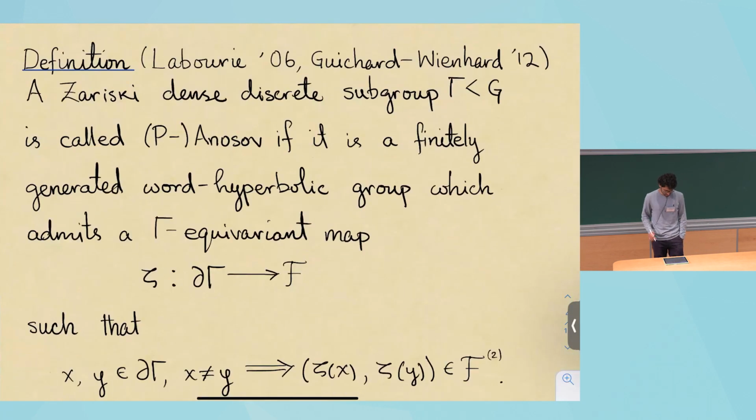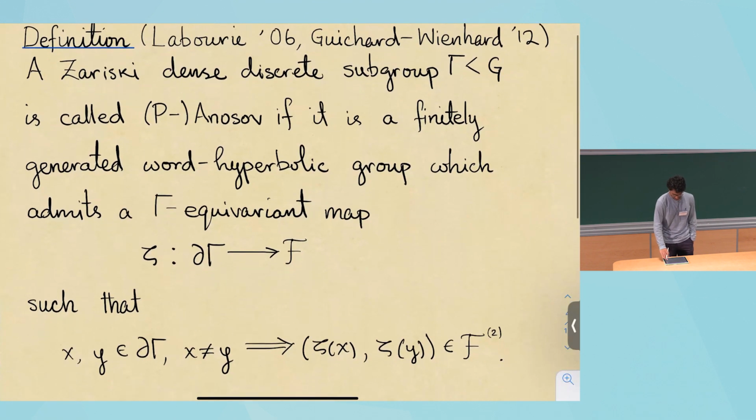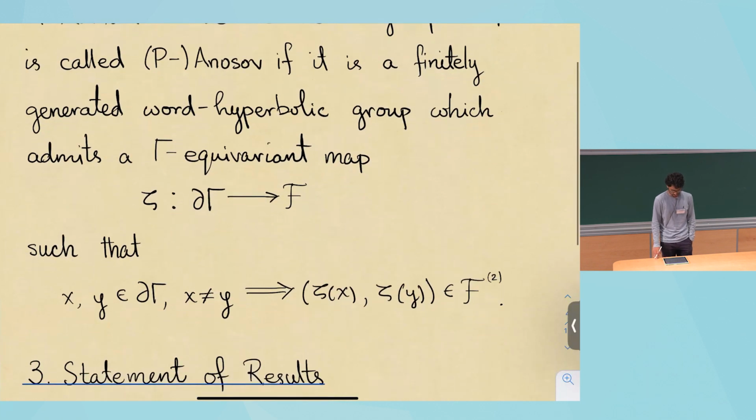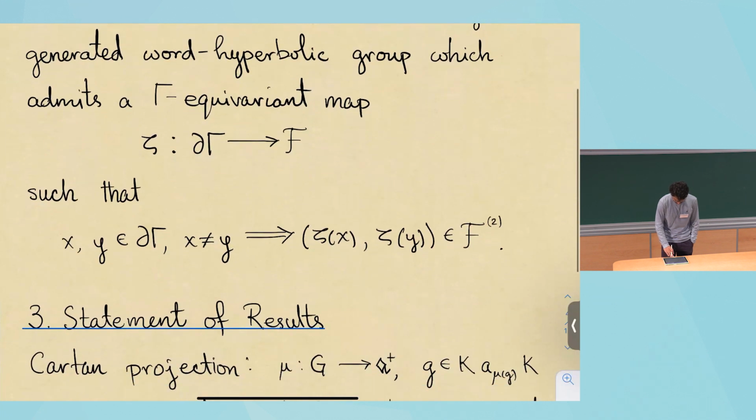Okay, and so the definition that I will use in this talk is that if I take a Zariski dense discrete subgroup gamma, then we will call it P-Anosov, but from now on I will drop the P and just call it Anosov if it is a finitely generated word hyperbolic group which admits this boundary map from the Gromov boundary to the Furstenberg boundary.